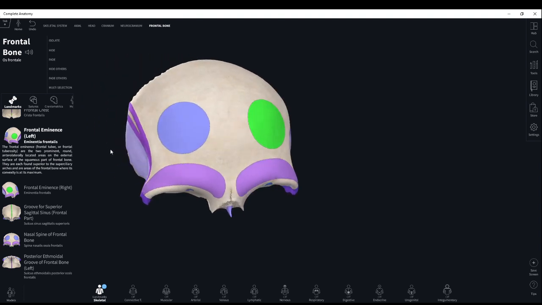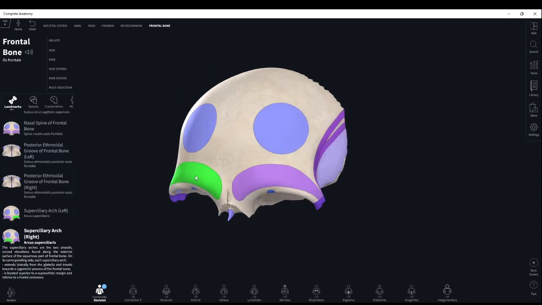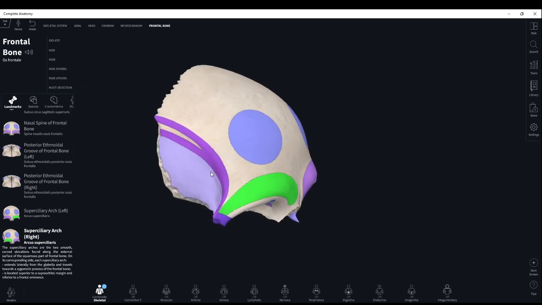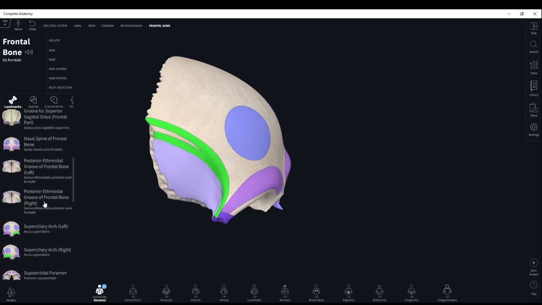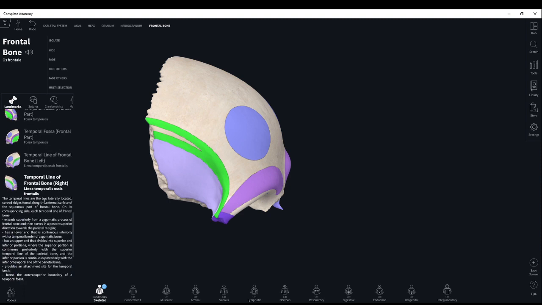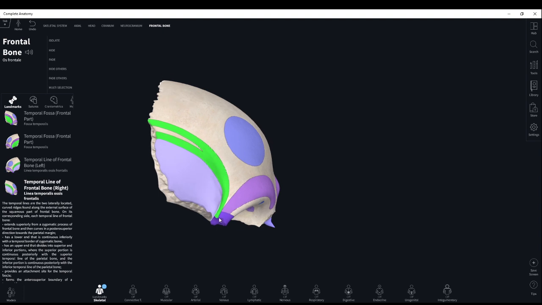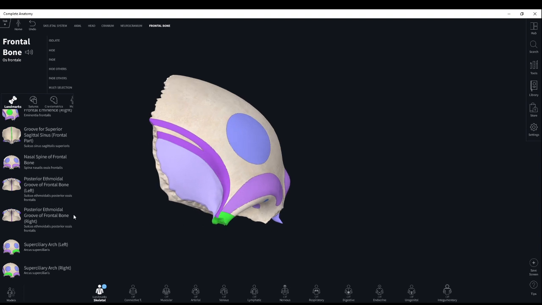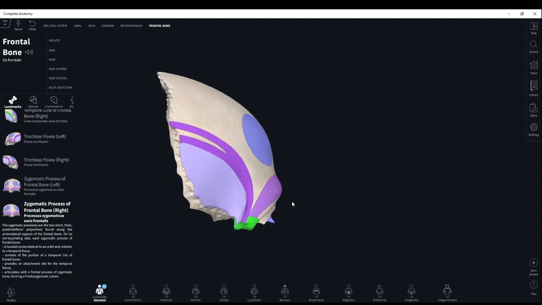Next one, the supraorbital arch, superciliary arch, arcus superciliaris. And by the sides of it is the continuation of the temporal line, where the superior and inferior lines fuse into one and continue to the supraciliary arch into one process, called the zygomatic process of the frontal bone.